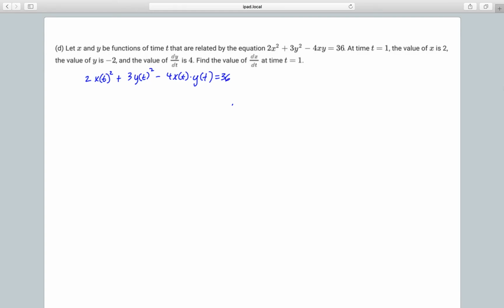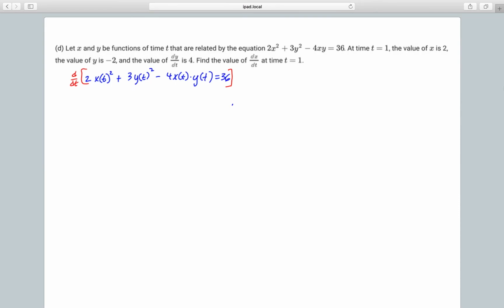So then they say when t is 1, the value of x is 2, y is negative 2, and dy/dt is 4. So find the value of dx/dt. So basically we're going to differentiate everything with respect to time. So this is going to be d/dt on both sides.